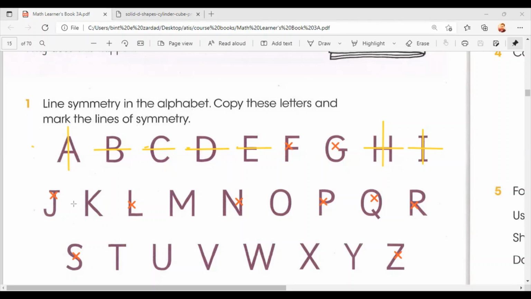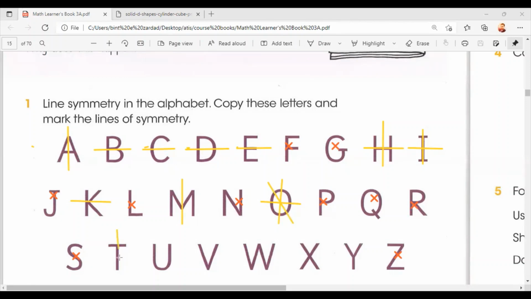K, we can make it. M, not horizontally, vertically. O, we can make it. But in O there are more than two lines of symmetry. What about T?